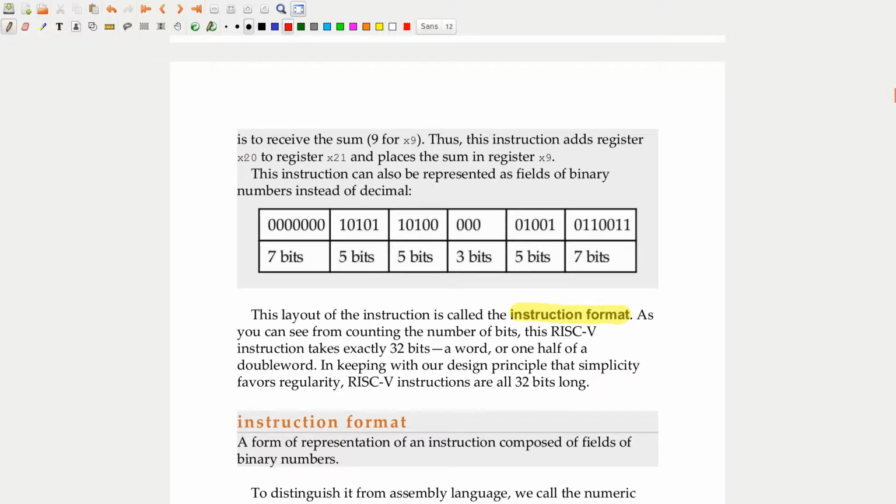For an arithmetic instruction like this, or an ALU based instruction, so anything dealing with arithmetic, this is 16 plus 5, so this is going to be x21. This is 16 plus 4, so this is x20. And this is 8 plus 1, x9. So there's our registers.